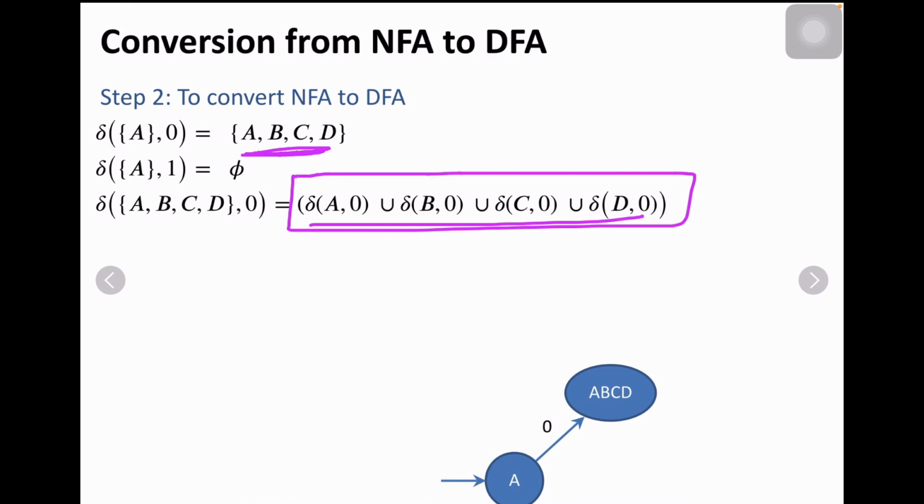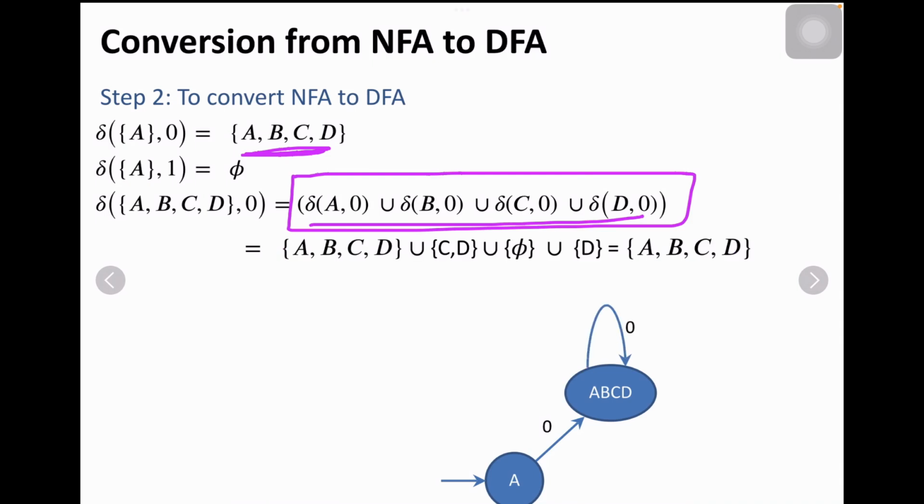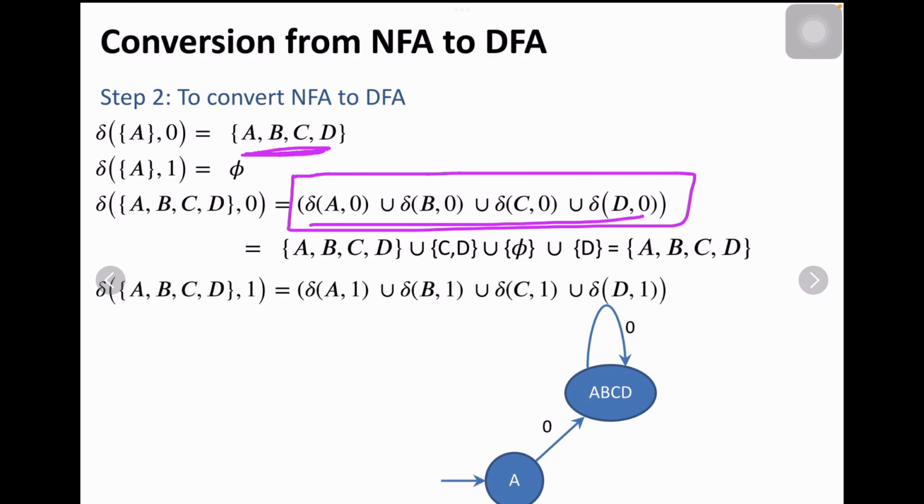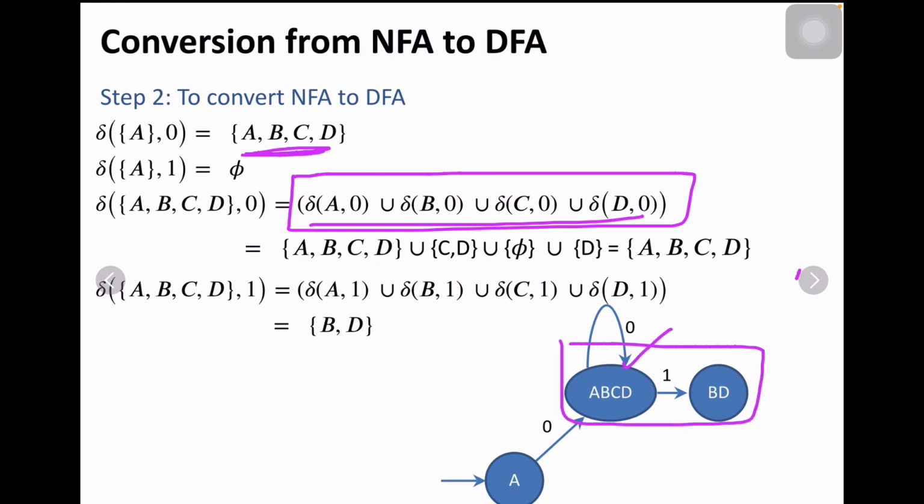You will get A, B, C, D itself. A, B, C, D on 0 is A, B, C, D only. Then A, B, C, D on 1, you can get B, D. So the transitions have been computed.